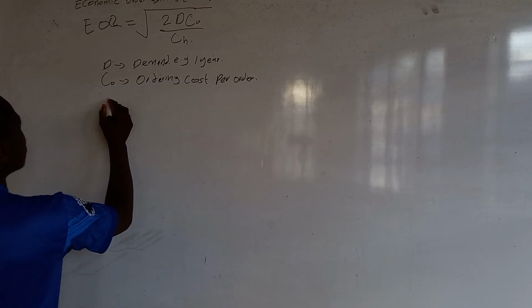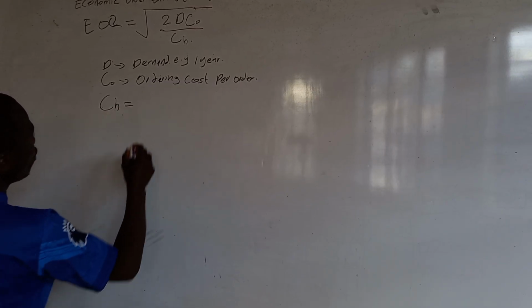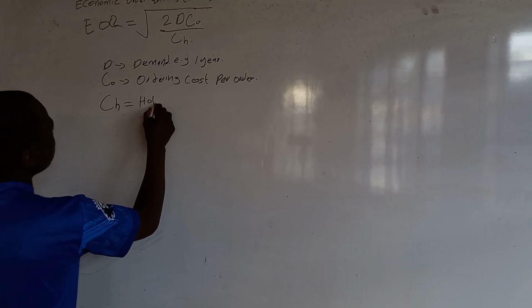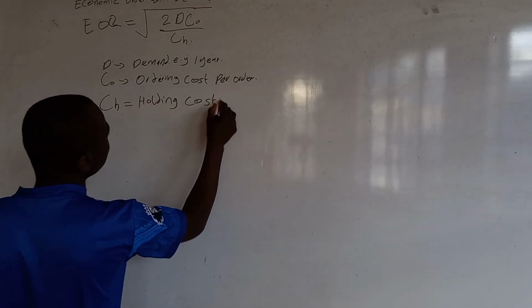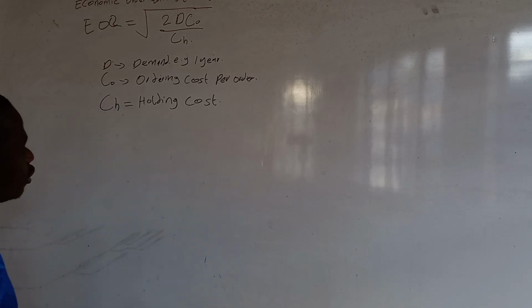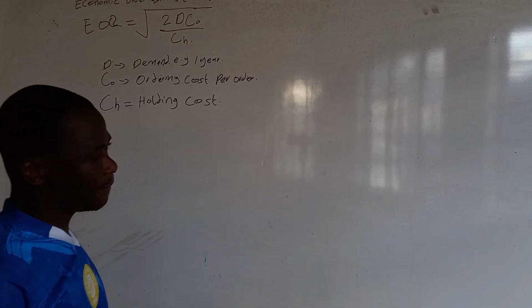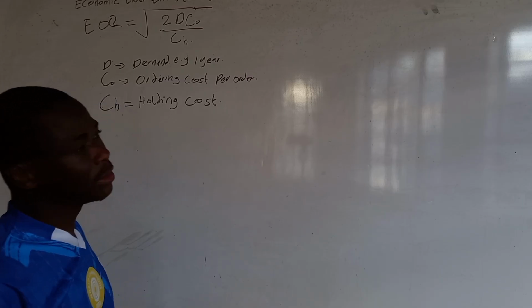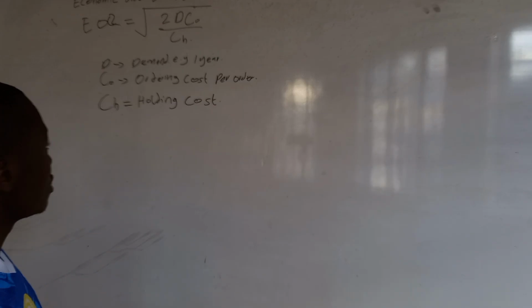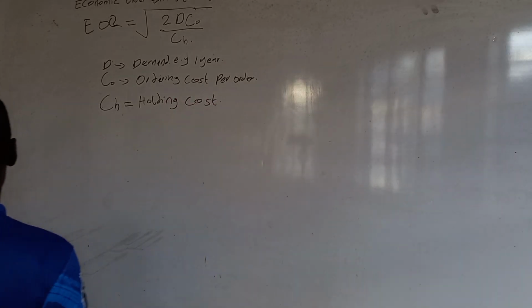Then there is CH. This is the holding cost. The holding cost is, for example, the storage cost, like rent of the store, and so on and so forth. So these are the basic things that you should know.